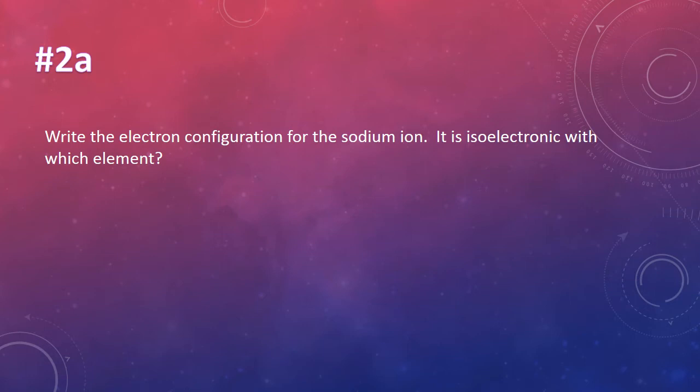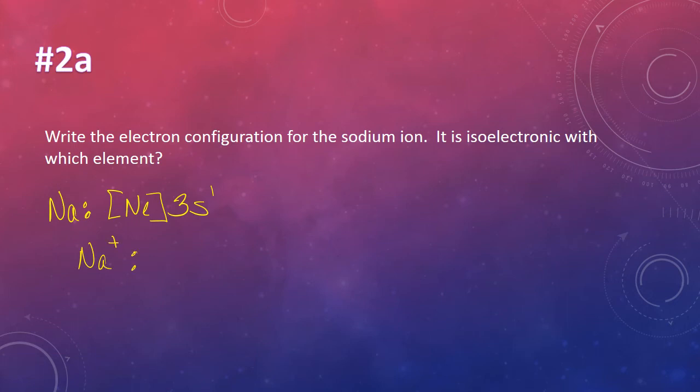Okay, for the sodium ion, I like to start with just sodium, and I know I have it on a previous page, but go ahead and give it a try anyway. So sodium starts with neon, and then we have 3s1. The charge on sodium is +1. So what does that mean?